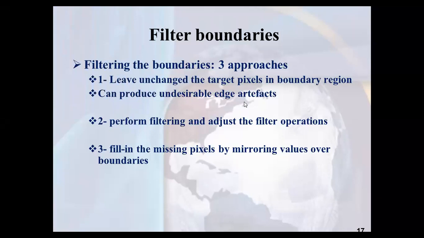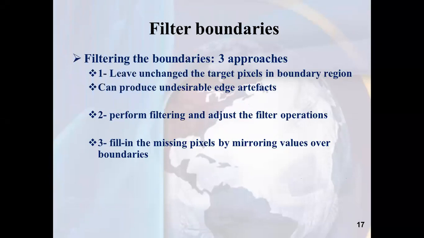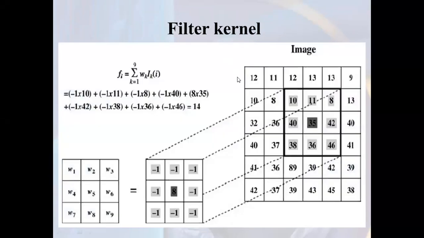The second approach is to perform filtering and adjust the filter operations, which means that we can add new borders and after that apply the filter operations. I add here a new border, 12, 11 with the same values, 12, 11, 12, 13, 13. And like that, I can apply the kernel filter.